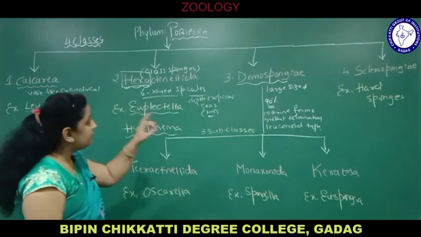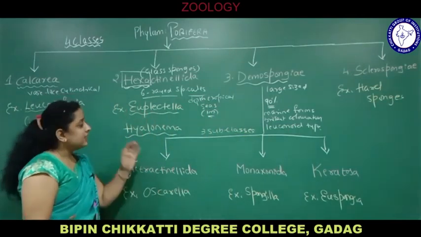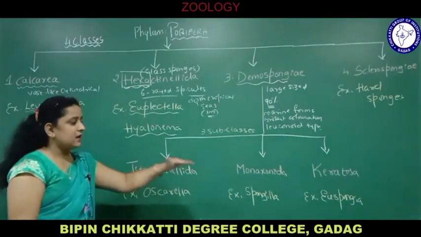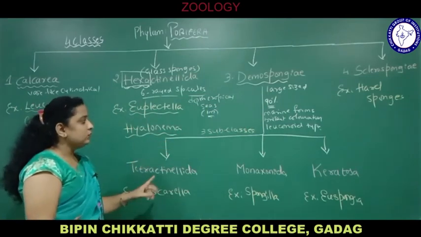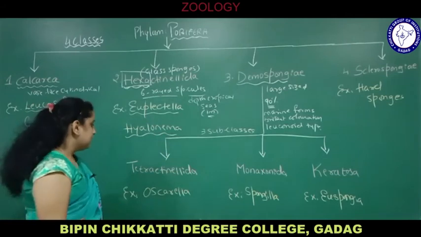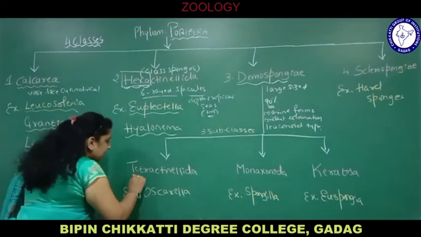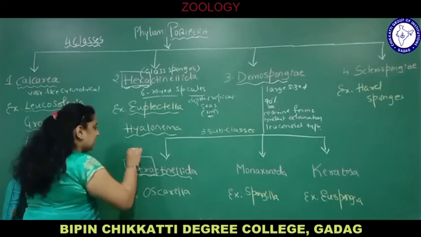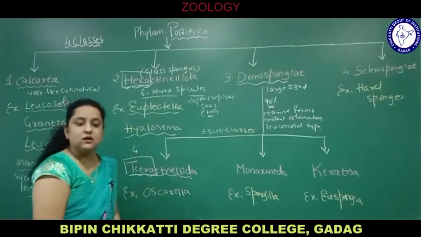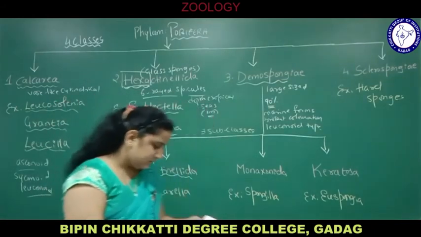Now this third class, Demospongiae, is again divided into 3 subclasses. Number 1, Tetractinellida. As the name indicates, tetra means it has 4 rayed spicules.